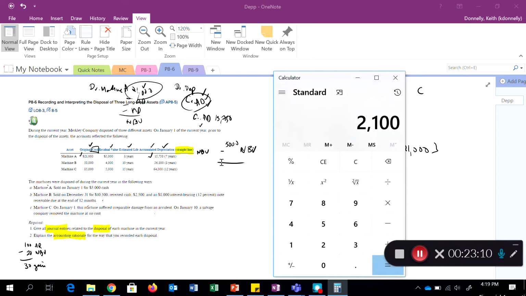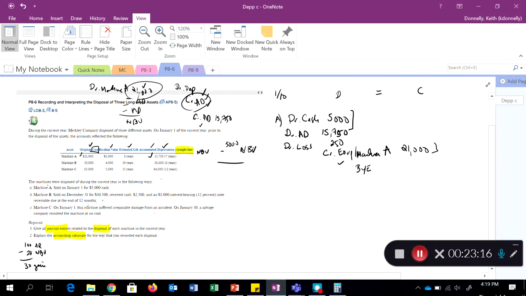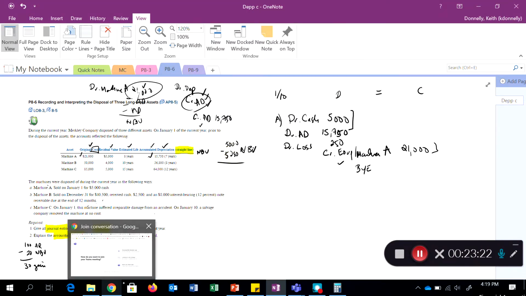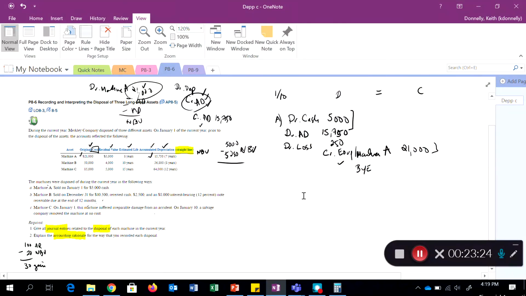So 21,000 minus 15,750. That means 5,250 is the net book value. So we have it on our books and records, when we show net book value 5,250, we only sell it for 5,000. That means we're at a loss of 250.